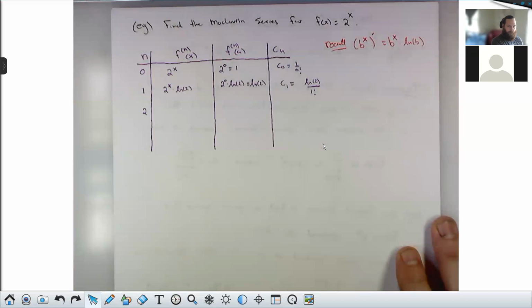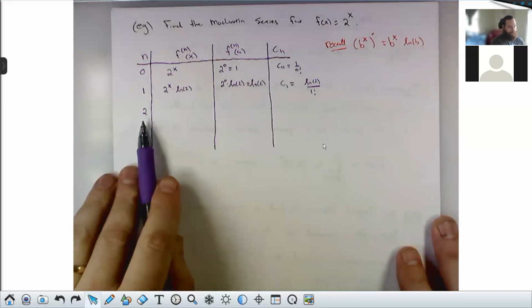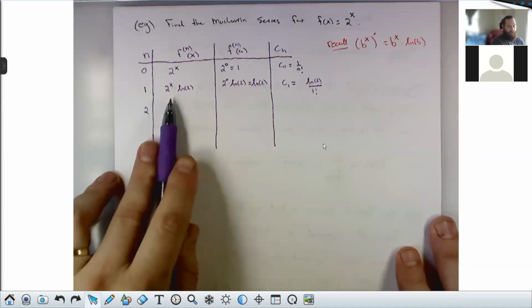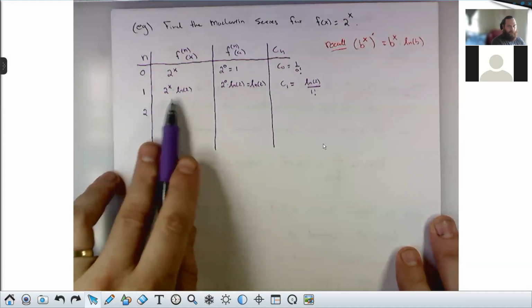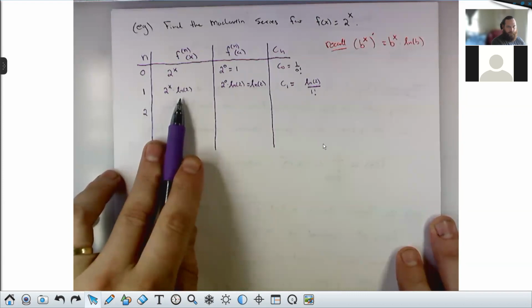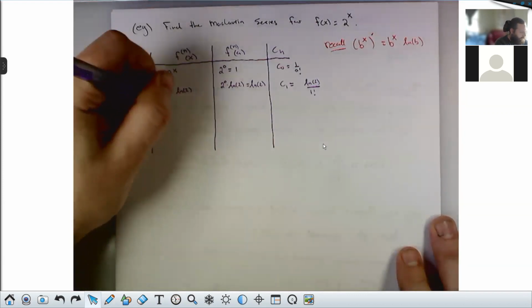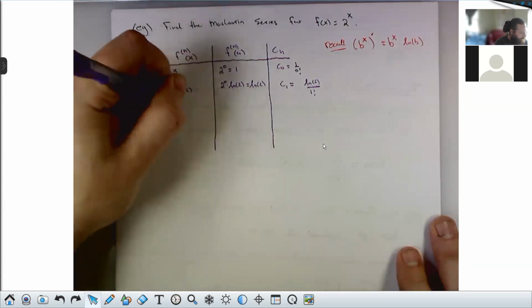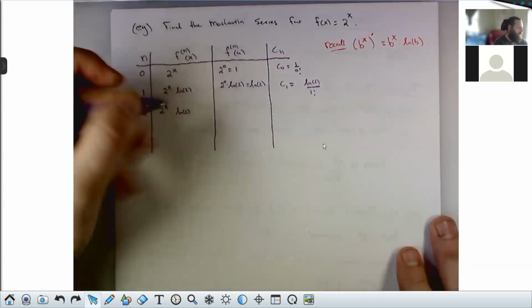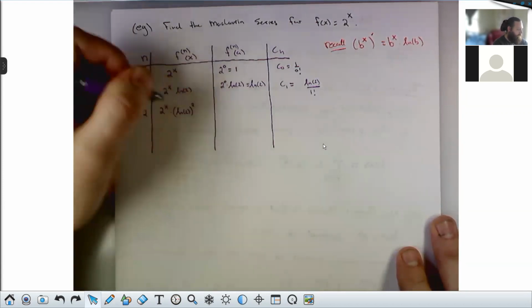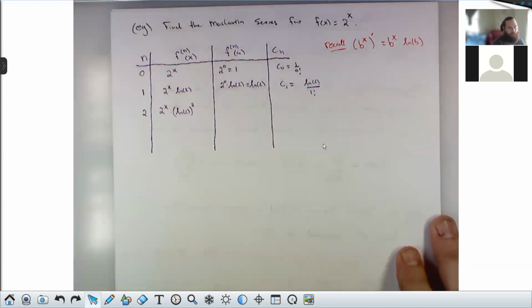If I differentiate again, coming down here, I'm going to start my n equals 2 column. That means what goes here is the second derivative of 2 to the x. Well, here's the first derivative, so we just differentiate that again. Remember, natural log of 2 is a constant, so it's really just this piece I'm differentiating. So I get 2 to the x times the natural log of 2 times the natural log of 2. So that's 2 to the x times the natural log of 2 squared.